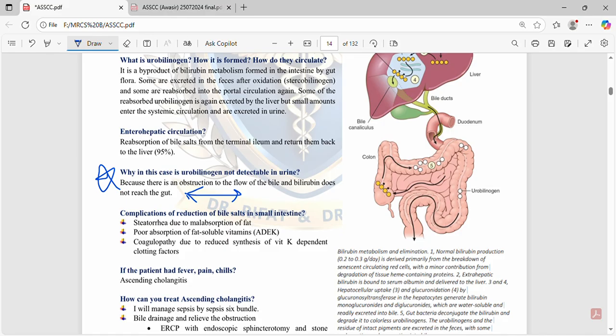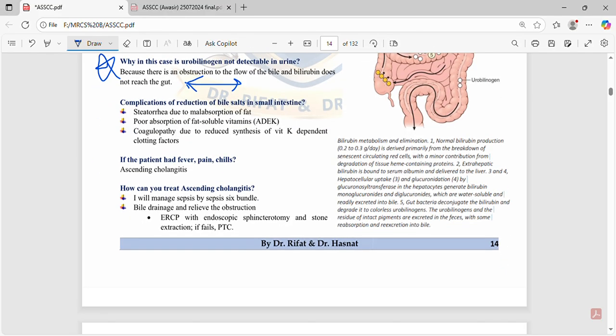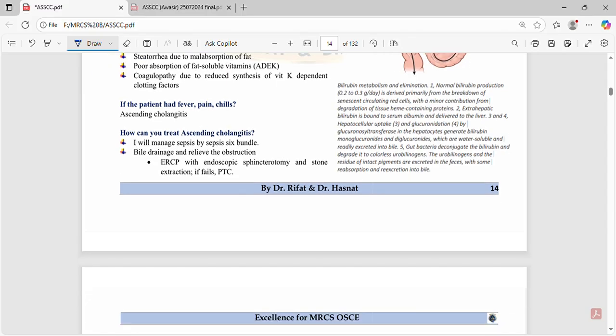If there are fewer bile salts, because the liver takes time to regenerate them, and there is no ready-made bile salt from enterohepatic circulation, cholesterol will crystallize and nucleate into cholesterol crystals, and this can lead to cholesterol gallstone formation. If the patient has fever, pain, and chills, that is ascending cholangitis, the Charcot triad, and jaundice as well.